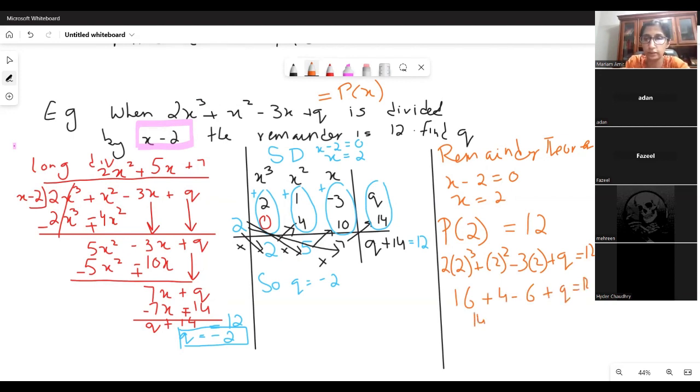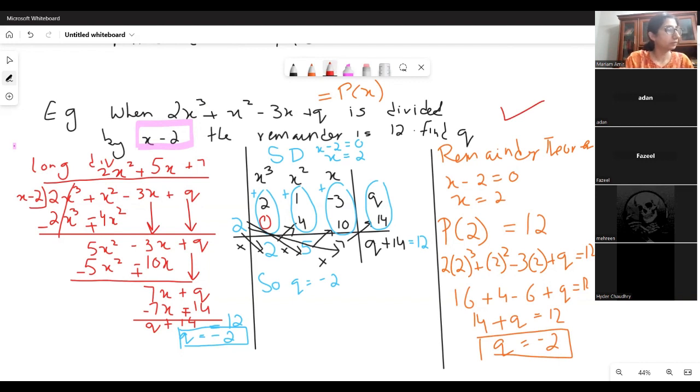So we have 14 plus q equals 12. q equals minus 2. So the least time-consuming method is the remainder theorem.